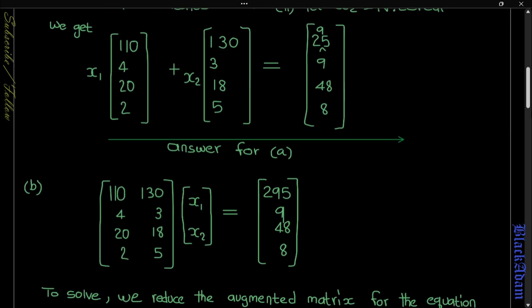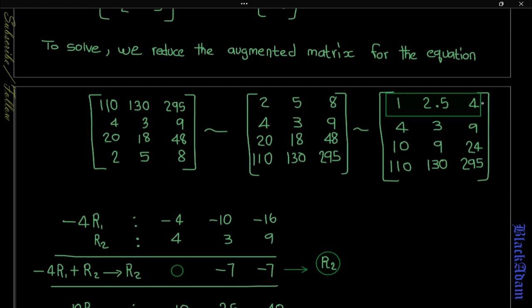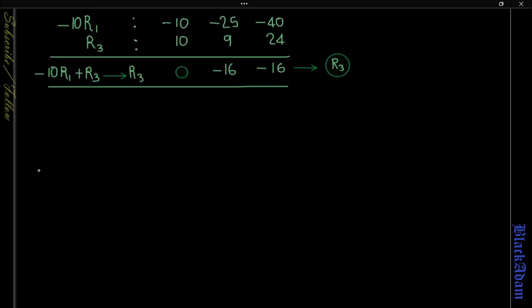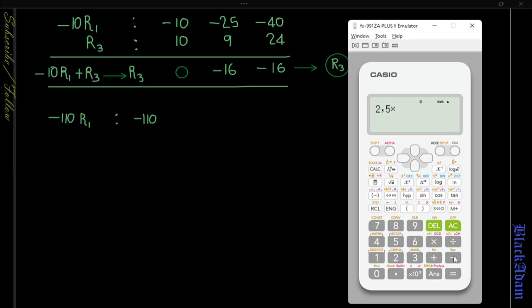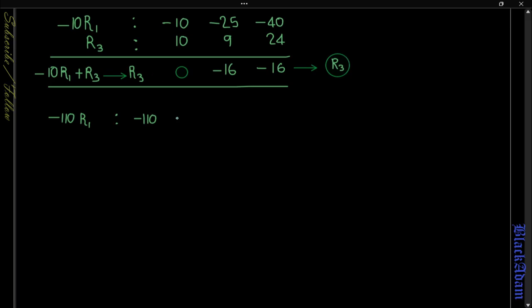Okay, for multiplying that by -110, which means that we're going to have -110 multiplied by row 1. We're going to have 1 times -110 is going to be -110. 2.5 times -110 is -275.